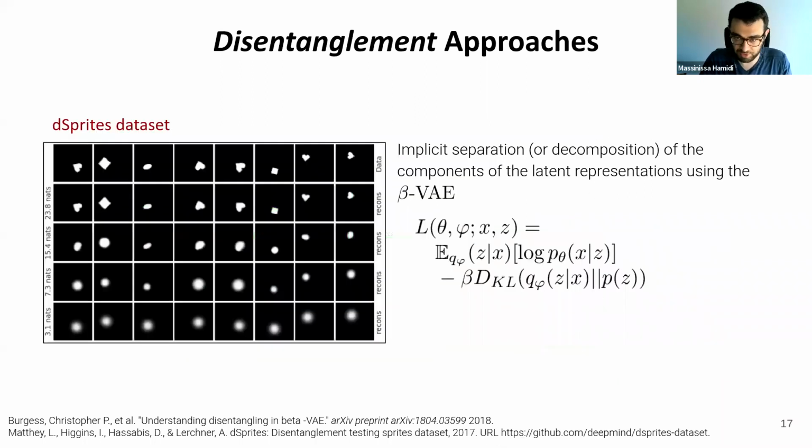And you have other methods that try to decompose in an implicit manner, by providing featured objective functions like the beta-VAE here, which tries to build sparse representations.